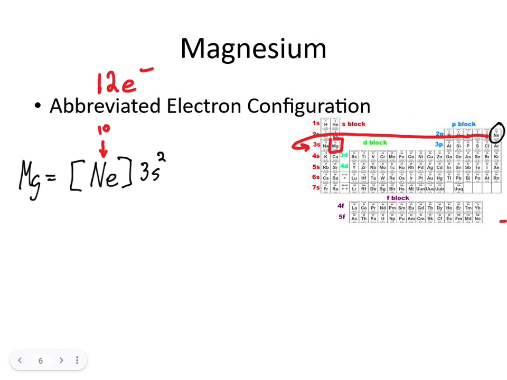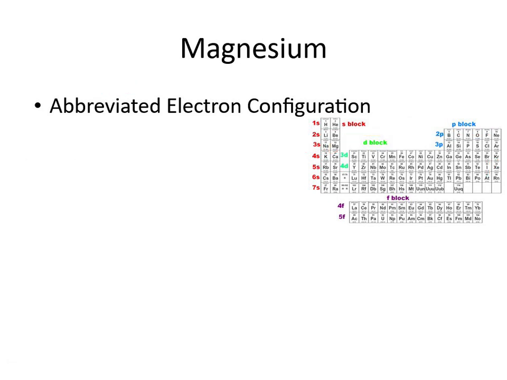Instead of having to write out 1s2, 2s2, 2p6 every single time, or whenever we get down to ones that are going to use xenon and stuff like that, instead of writing out all of those 54 or 86 electrons, you can just say, hey, just go look at the first 54 for xenon, and then let's start from there. Solid questions again. Thank you guys very much.